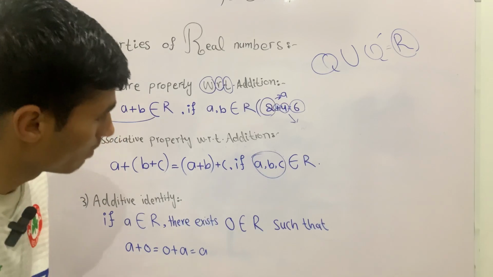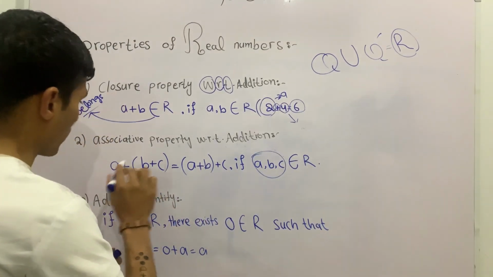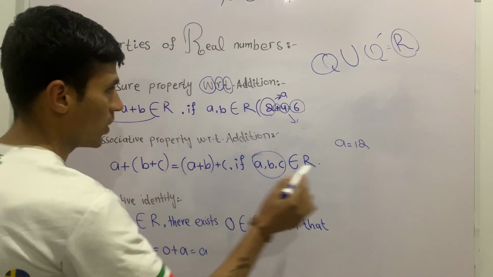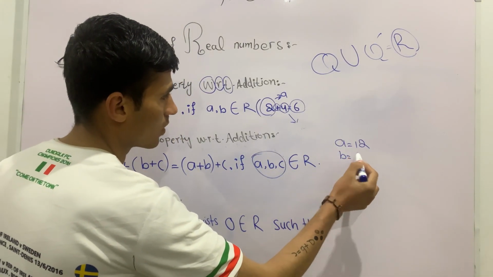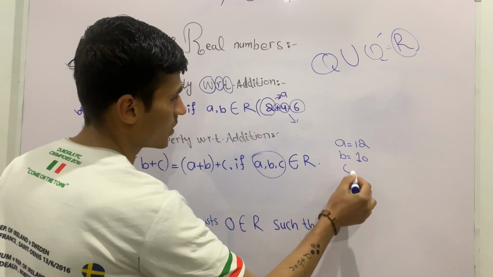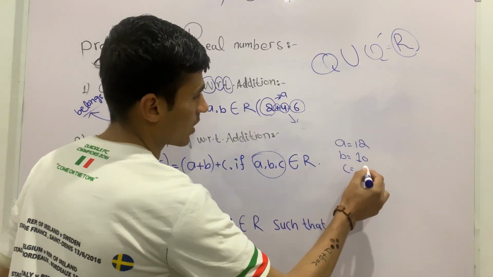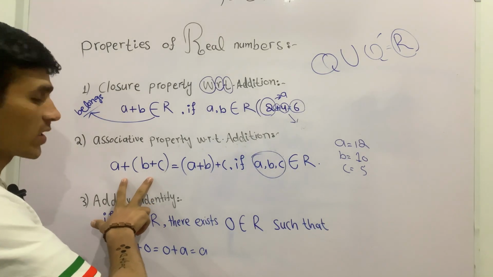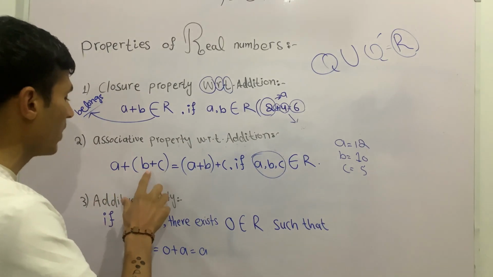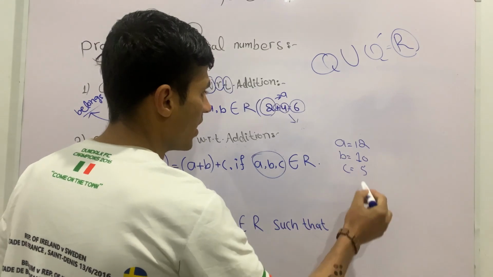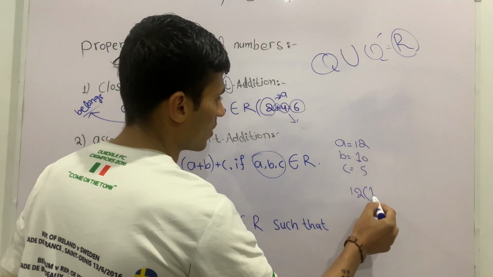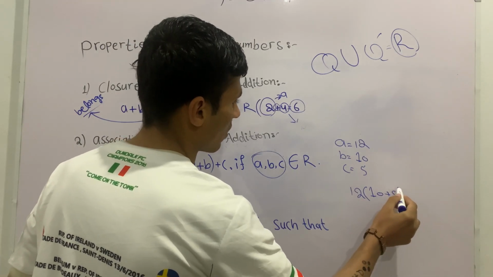Look here. Pretend A equals 12, B equals 10, C equals 5. According to the first one, A plus (B plus C), 12 plus (10 plus 5).